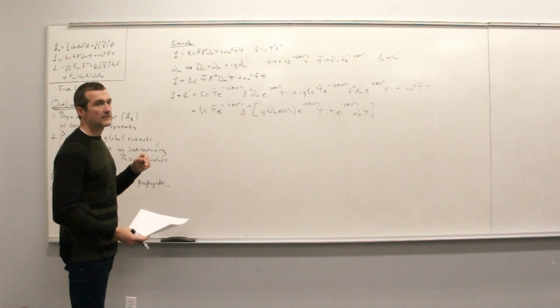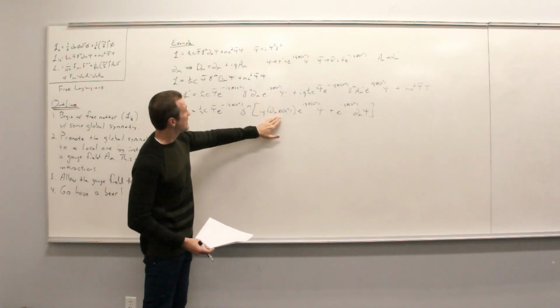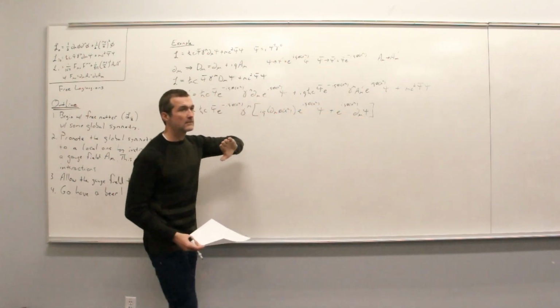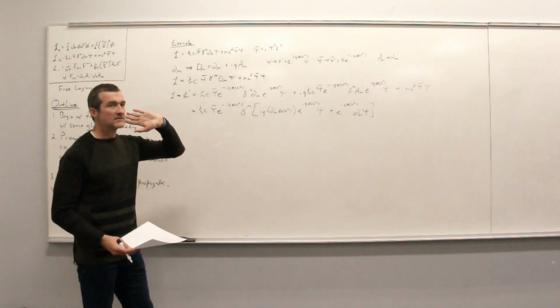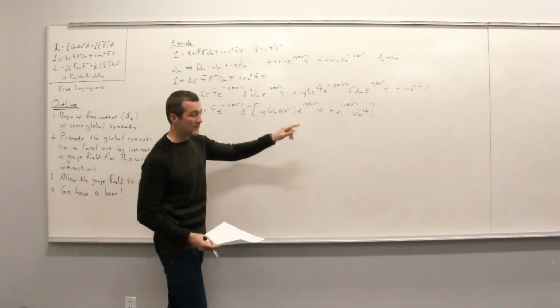Everybody follow that? I'm just going to take the derivative of the exponential here, and then in the second one I'm going to take the derivative of psi. It's just a product rule, that's all it is. This is one function, this is another function. Okay?